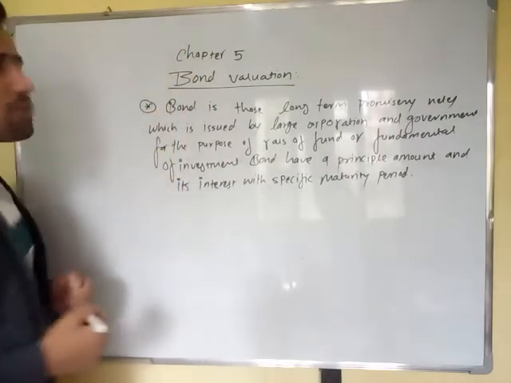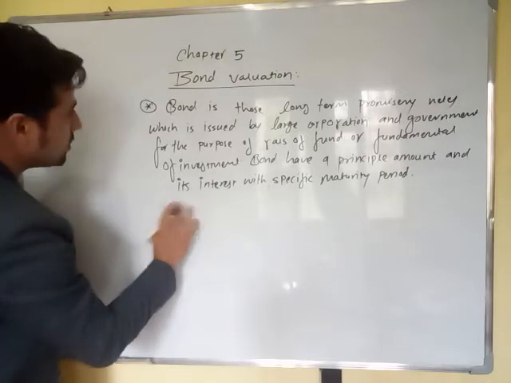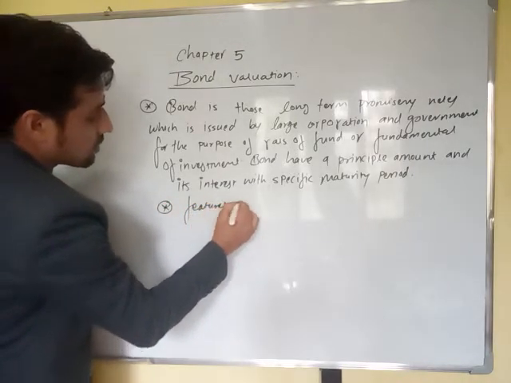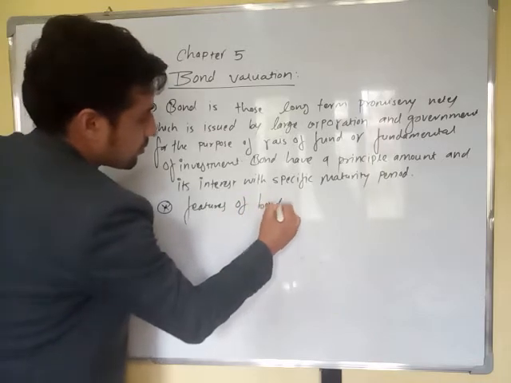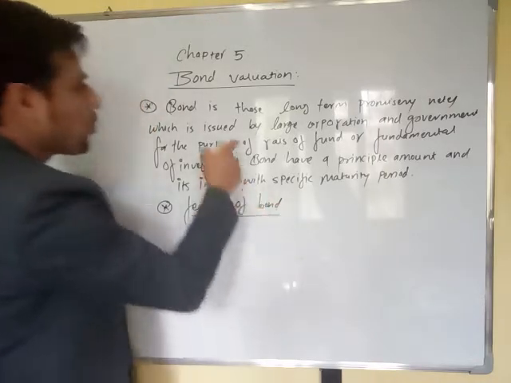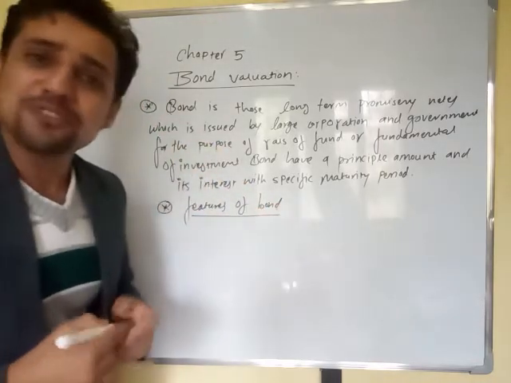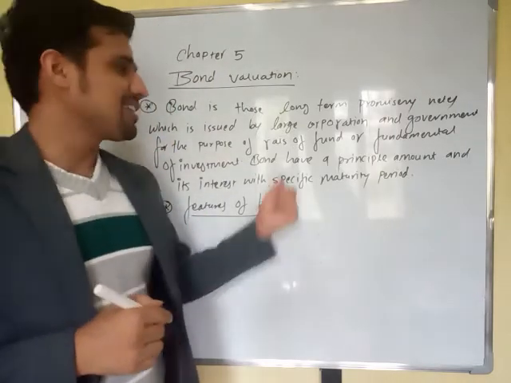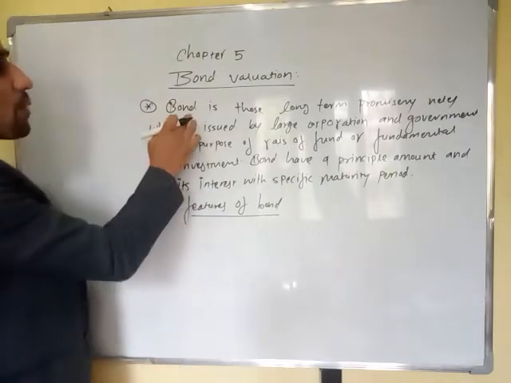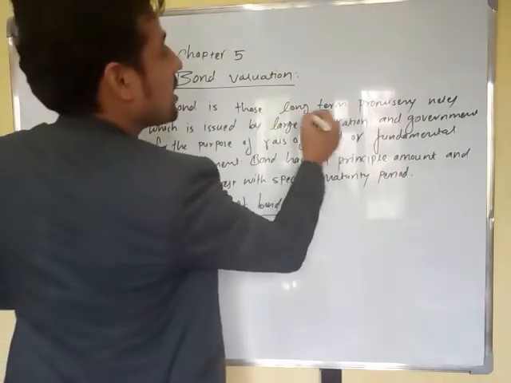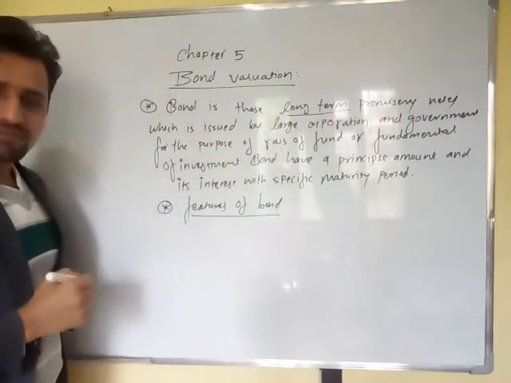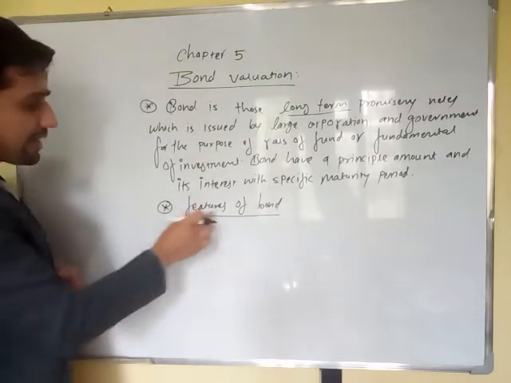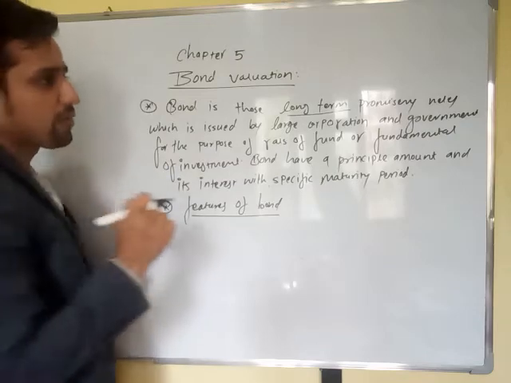Then we need to know about the basic features of bond. What are the features of bond? After knowing the definition, you can write the features automatically. Bond's feature is its long-term nature. Nature means features.